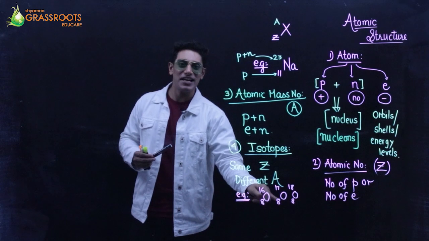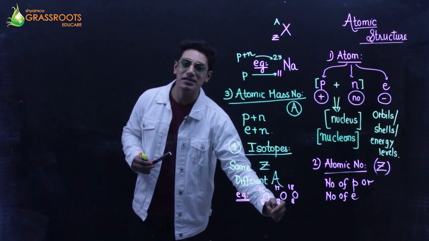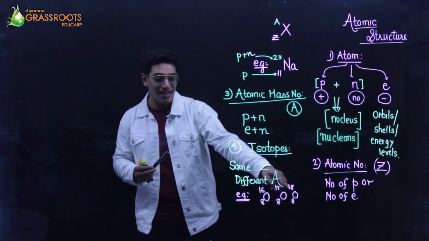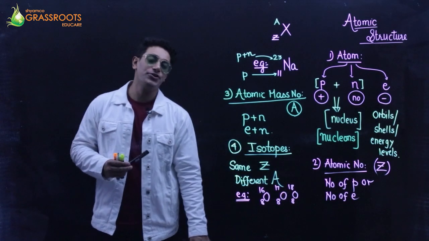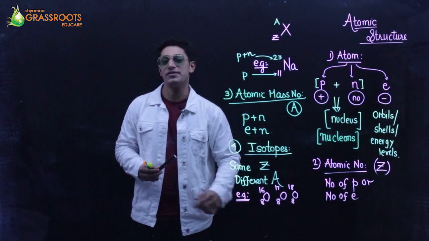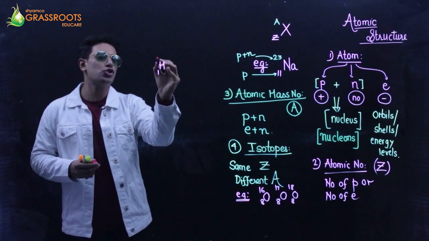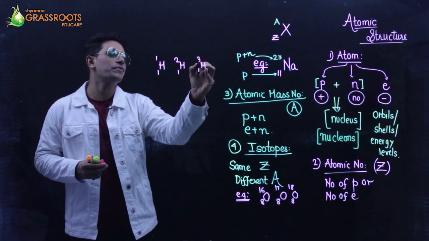The second oxygen has 8 protons, 9 neutrons, 17 minus 8. And the last one, the third oxygen isotope, which I've written out there, has 8 protons, 10 neutrons. That's 18 minus 8. Another example I can give you is hydrogen. H 1 1, H 1 2, H 1 3.